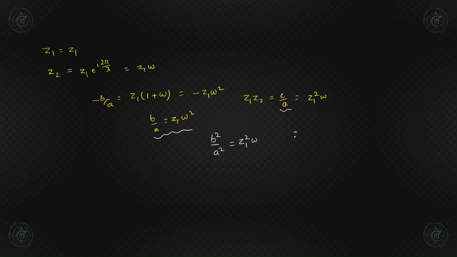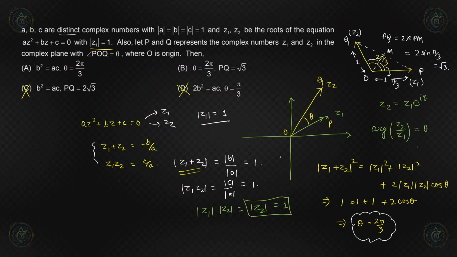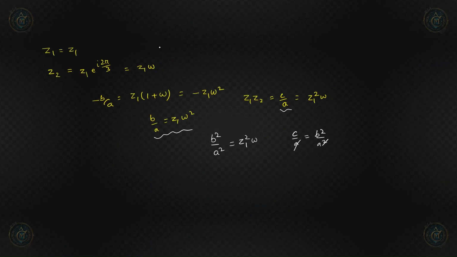C by A equal to B square by A square. So we can cancel this A here, because mod of A equal to 1, which means A is not the point O, which is the origin. Okay, basically A is a non-zero complex number. So we can cancel this A. So we have B square equal to AC, which means this is our desired relation.